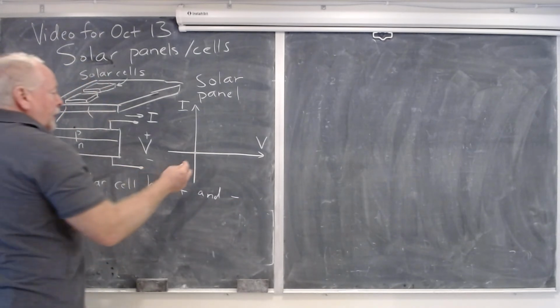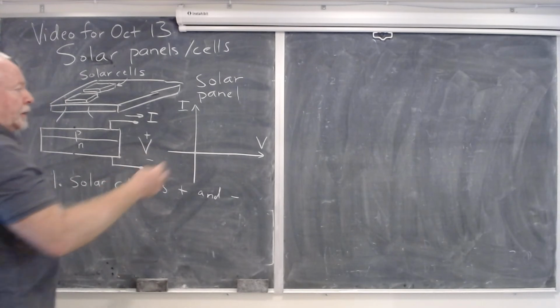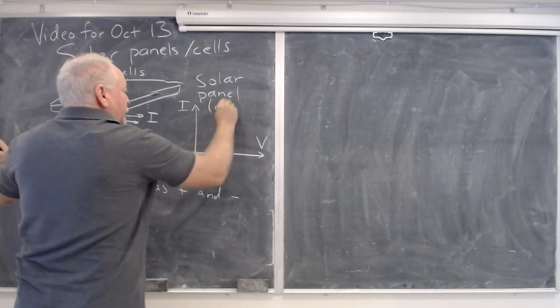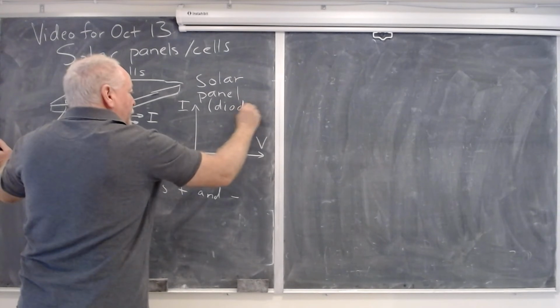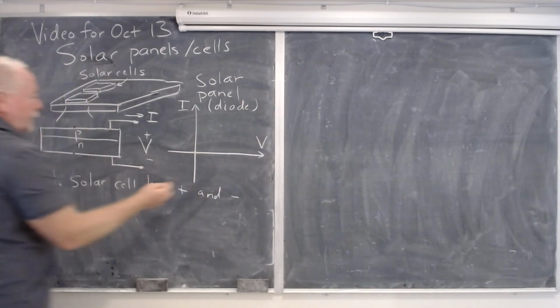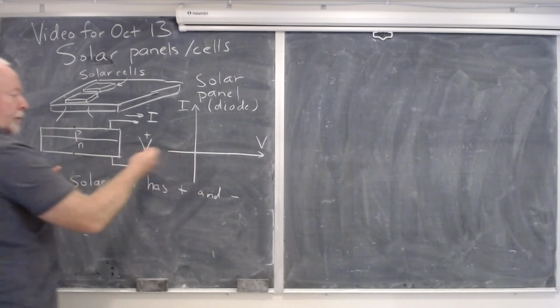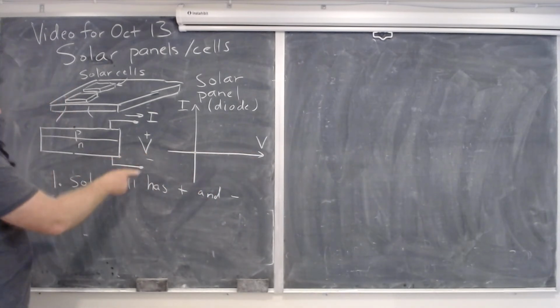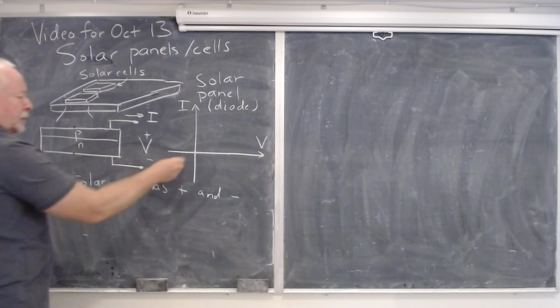Now, we're going to learn two things today. The first thing is that a solar panel is a diode. And a diode is a device which, now you have to remember here, if I have a negative V, that means putting a positive on this terminal.